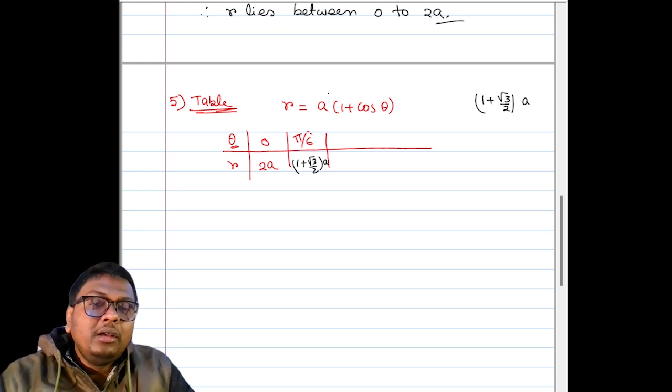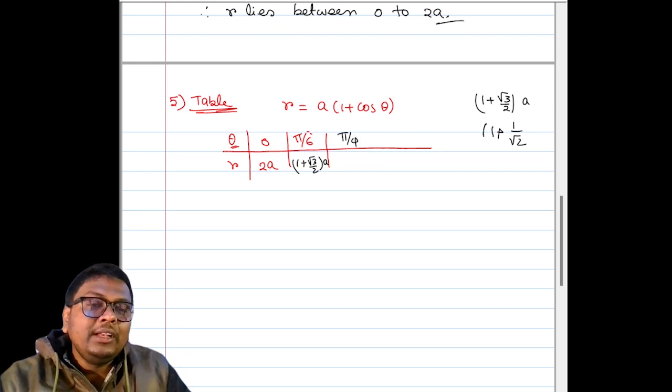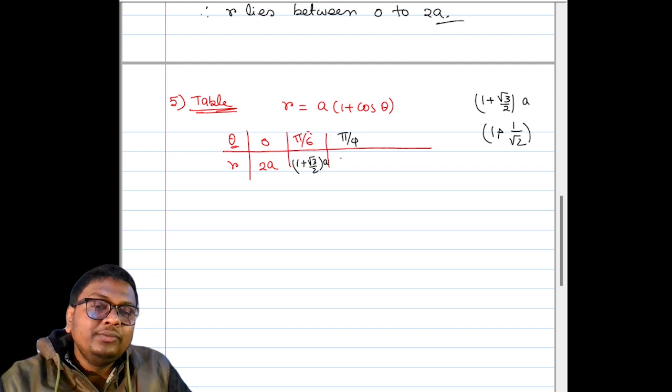Now check pi by 4. Cos of pi by 4 is 1 by root 2. So for pi by 4, you will get 1 plus 1 by root 2 into a. For pi by 3, cos theta will give you 1 by 2, so that means 3 by 2 into a.